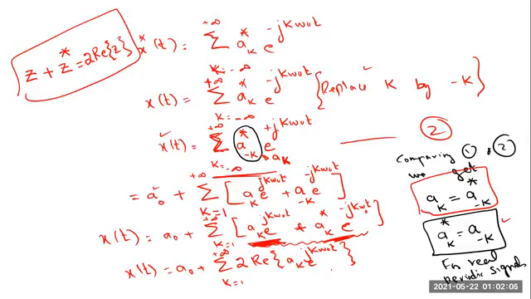Now all we need to do is find out what is the real component of this complex number. Now this ak is a complex number, okay?